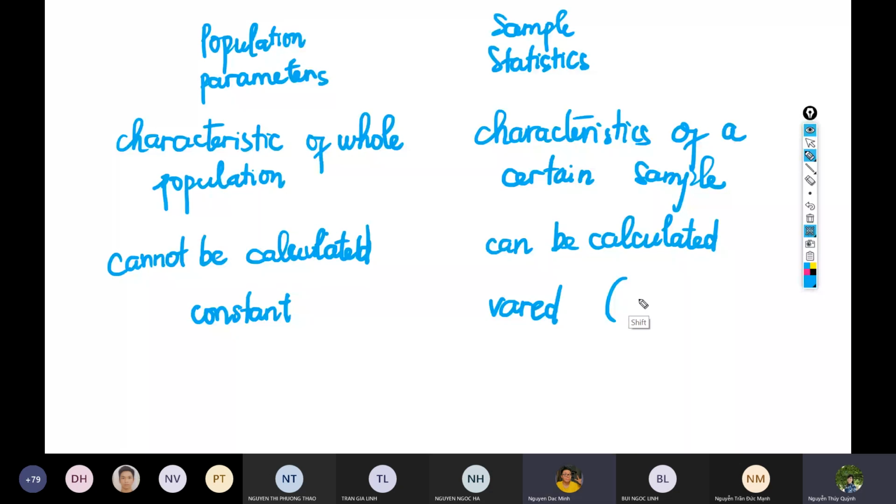And what else? We can calculate the sample statistic. What is the relationship between sample statistics and parameters?